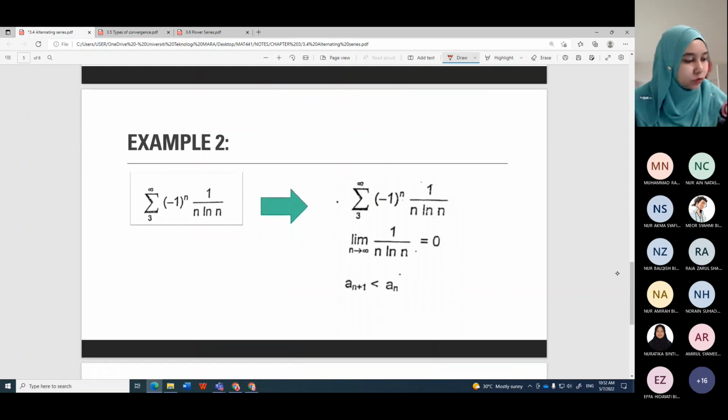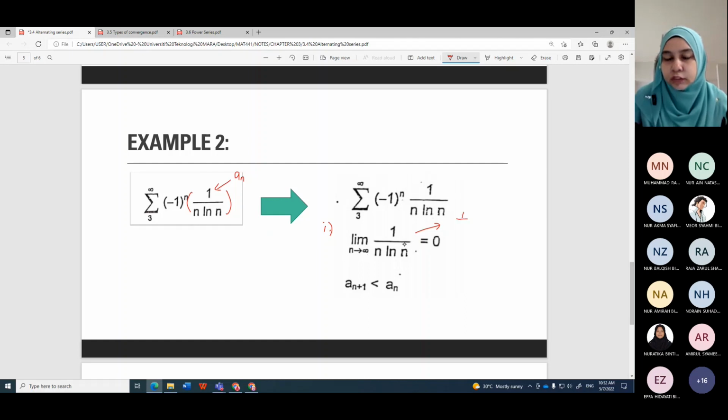We look at example 2. Prove this series using AST. We know 1 over n ln n is a sub n. First we have to prove the limit of 1 over n ln n, where n approaches infinity. You need to show this.